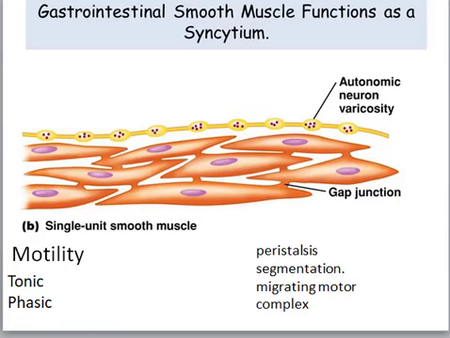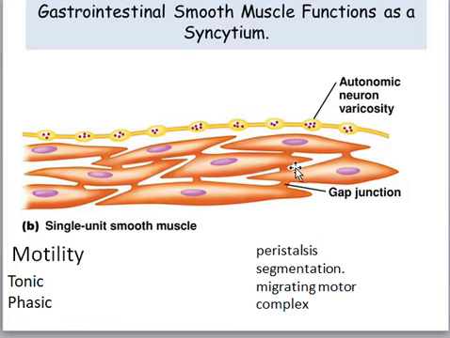Starting with the motility of the GI tract. As we know, the GI tract consists of smooth muscle. Smooth muscle in the body differs. Smooth muscle in the GIT is different in that it has gap junctions in between the smooth muscle cells. This gap junction is very important. It allows continuity of the movement.